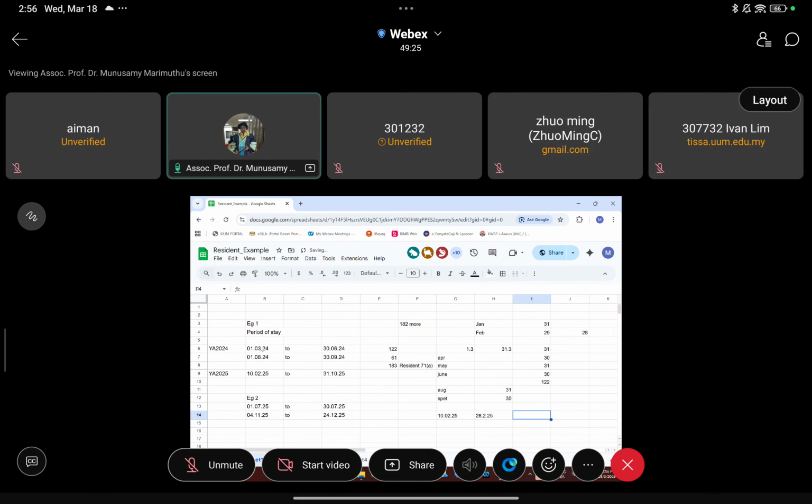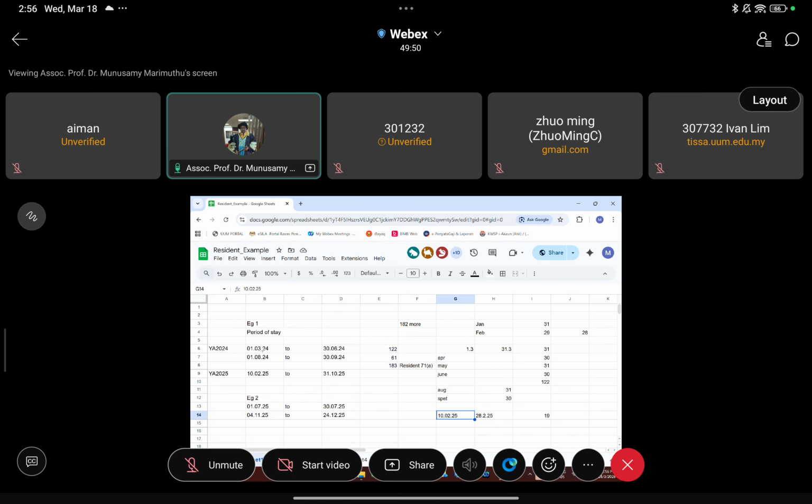How many days are here? Anyone can help, sir? 28 minus 10, 18 plus 1, 19 days. Can you use your hand to calculate? 10, 11, including 10, right? 10, 11, 12, 13, 14, 15, 16, 17, 18, 19.